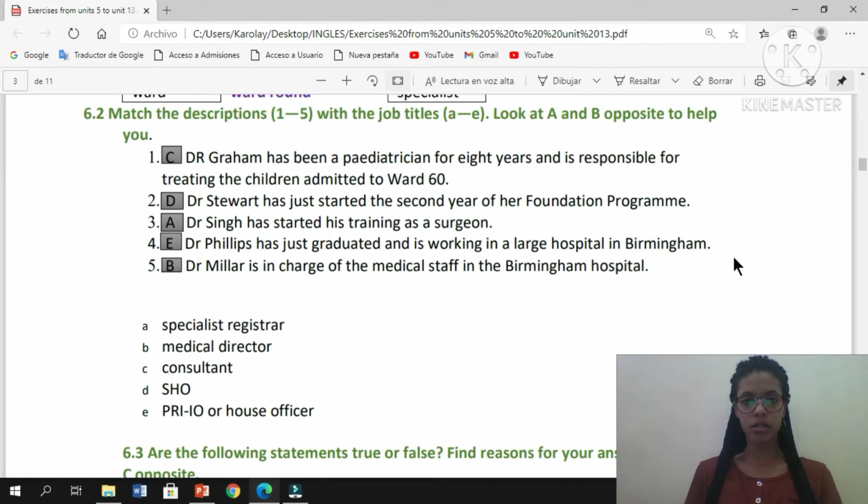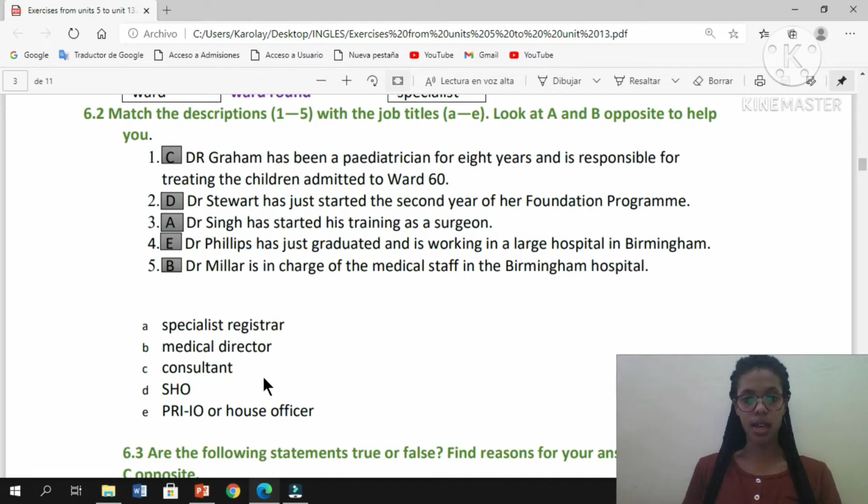Match the descriptions 1 to 5 with the job titles. Look at A and B opposite to help you. Dr. Warren has been a pediatrician for 8 years and is responsible for teaching children admitted to the ward. The answer is consultant. Dr. Stewart has just started the second year of her foundation program.